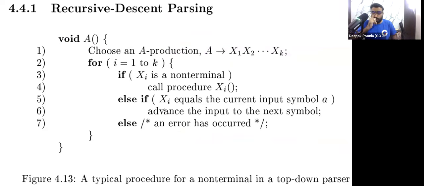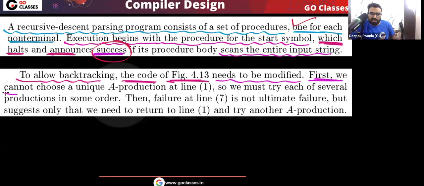You have to choose productions in a specific, pre-decided order. We must try each production in some fixed order.